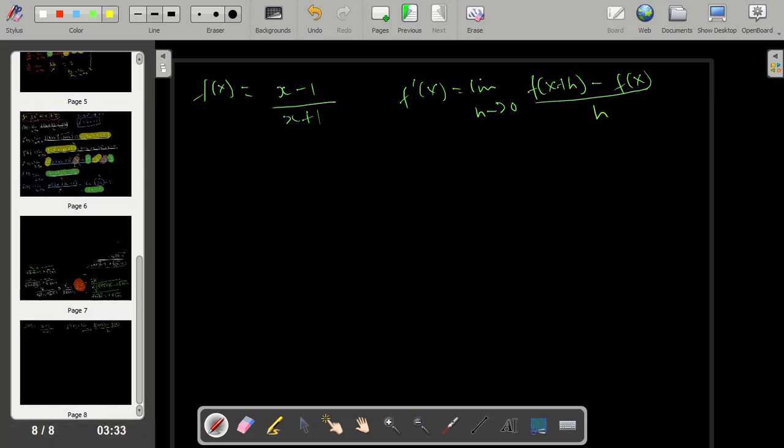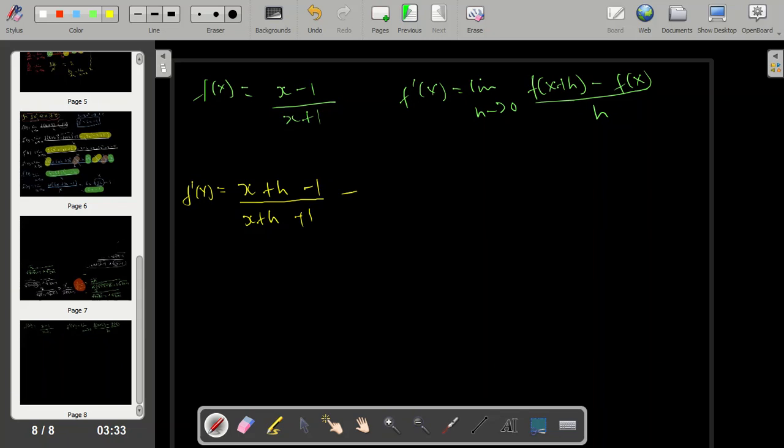So f prime of x is going to be equal to, so we have x minus 1, so I'm going to say x plus h according to the formula, then minus 1, then everything divided by, even the down part, we're going to say x plus h, then plus 1.